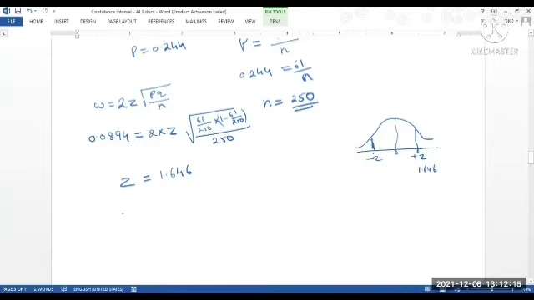For that, we have to use our phi of z. And we know that phi of z is the area or the probability up till the value z. So phi of z is phi of 1.646. You get the value from the table.